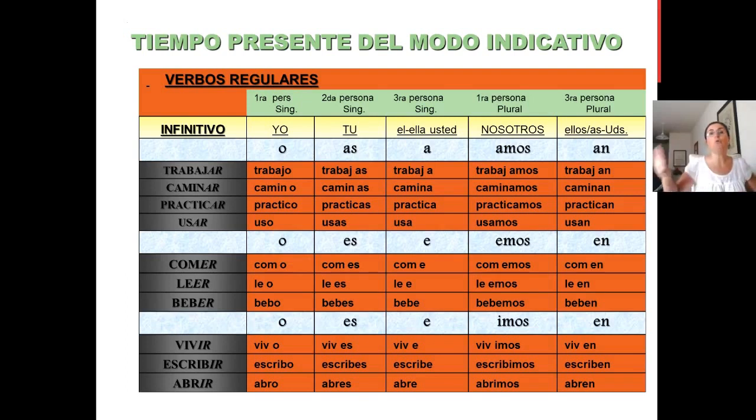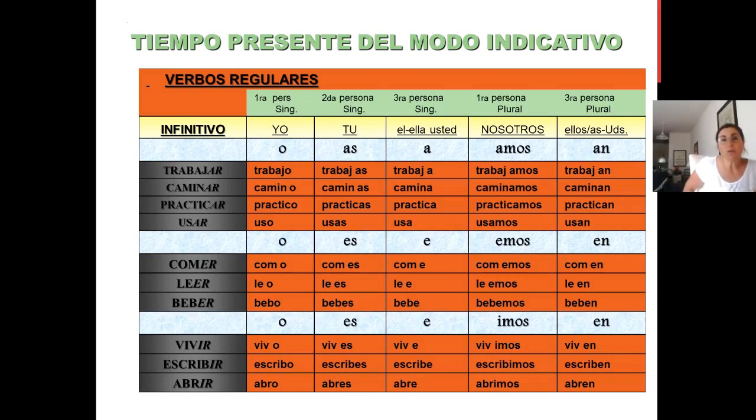And for all the verbs that are conjugated in first person yo, you have one ending, which is the o. If the verb is regular in present tense, the ending is going to be o.